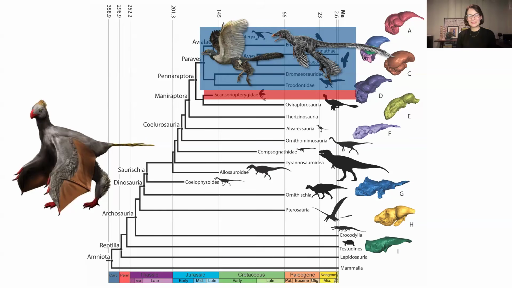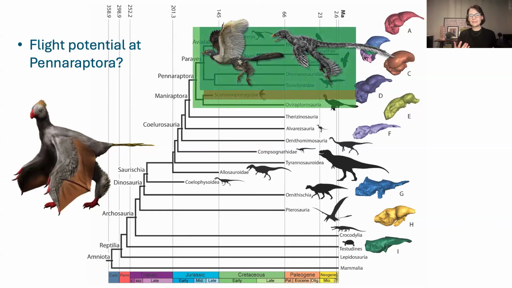And so whether you're flying under your own power or you're gliding from tree to tree, you're still navigating basically a similar sensory landscape. You're still moving through complex environments.